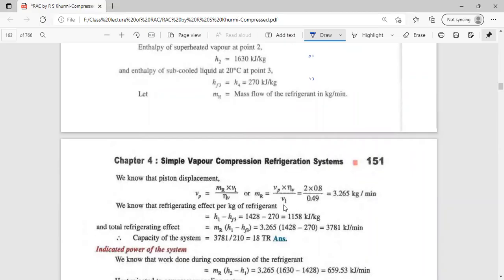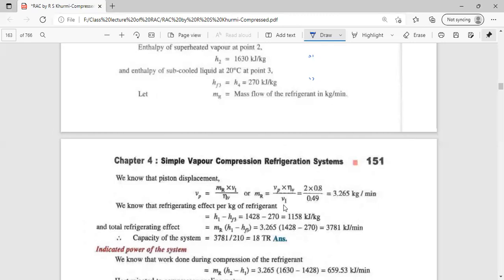We know that the piston displacement Vp, the volume compressed, is the mass flow of the refrigerant multiplied by the volume supplied by the refrigerant, that is the specific volume V1, divided by the volumetric efficiency.